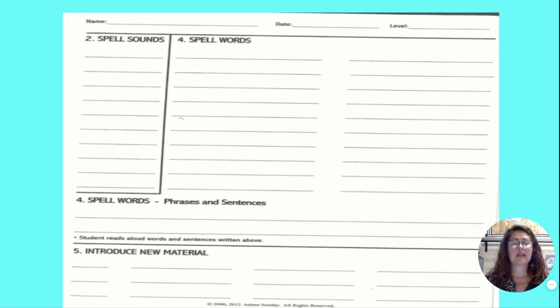Another sight word, said. Frill. Slush. Math.